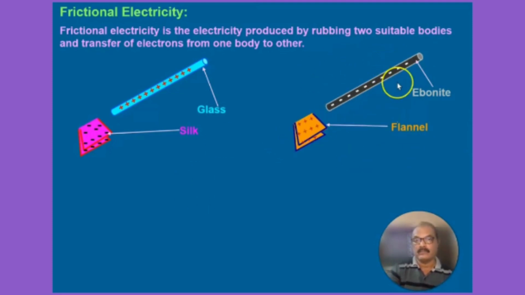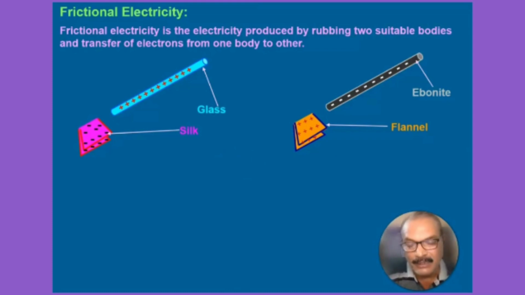Opposite charges will be created. Here, on wool, electrons are loosely bound. They are given to the plastic. So plastic gets the negative charge. And due to the loss of negative charge in wool or flannel, positive charge is created.